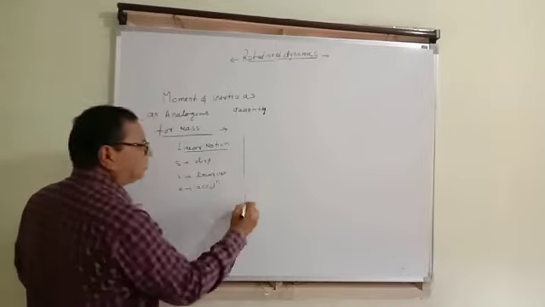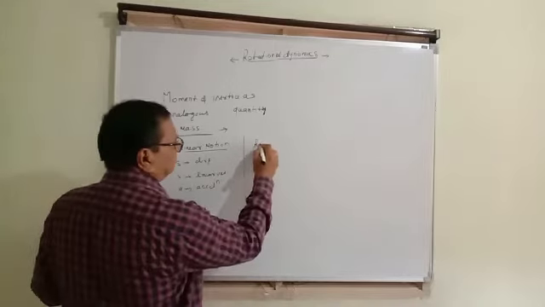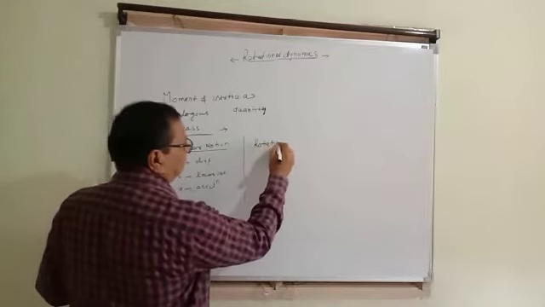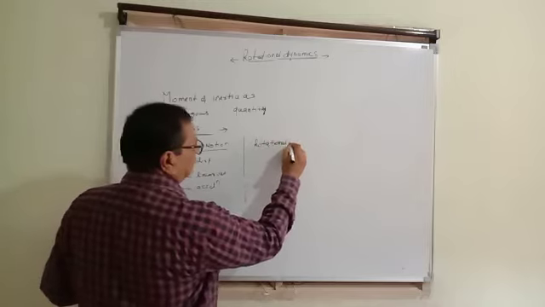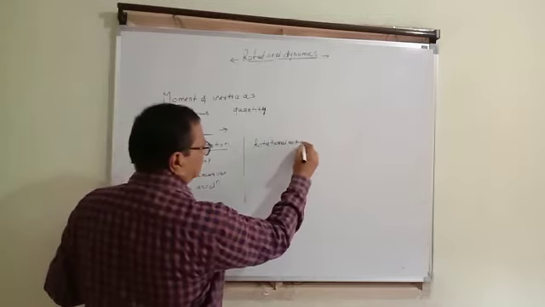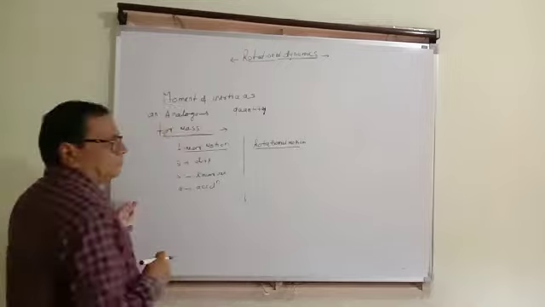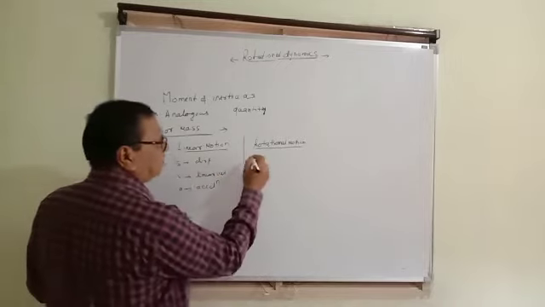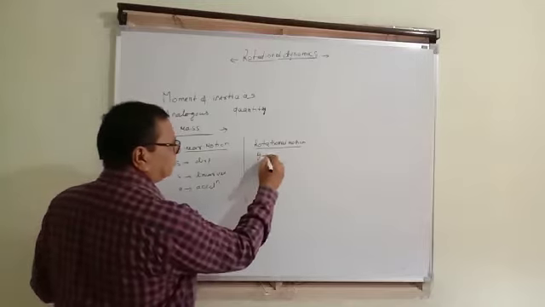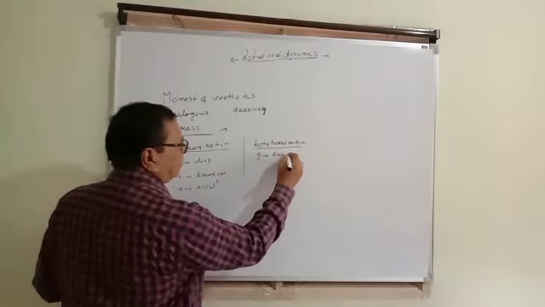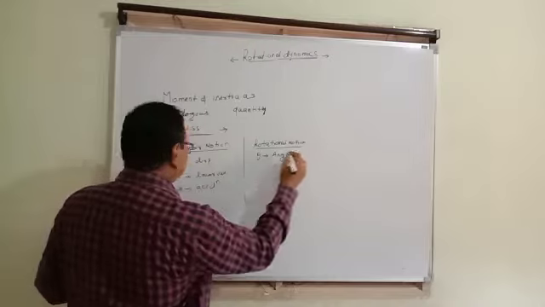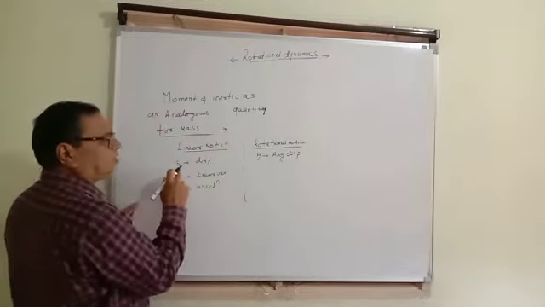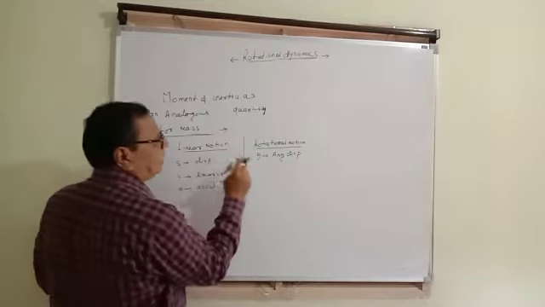In rotational motion, displacement is represented by angular displacement theta. Linear displacement is an analogous quantity to angular displacement.